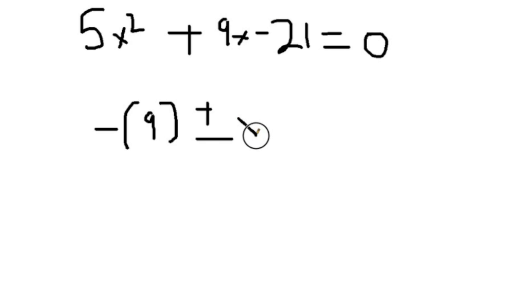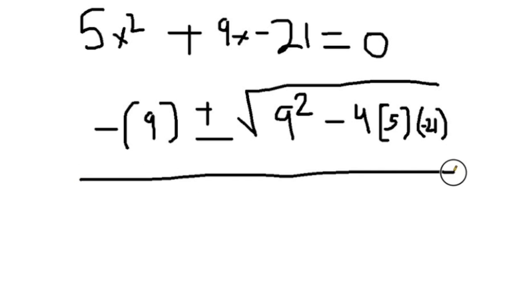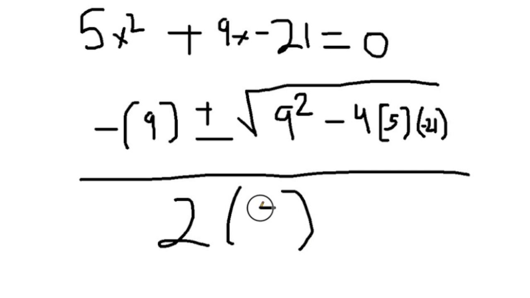So that's 9 squared minus 4 times my 5 in here, times c, which is negative 21. And now you divide by 2 times your value of a, which is 5.